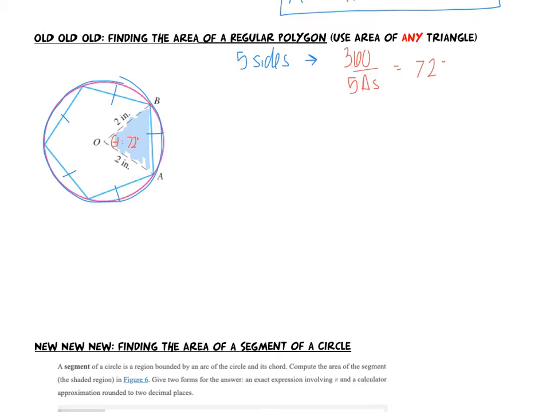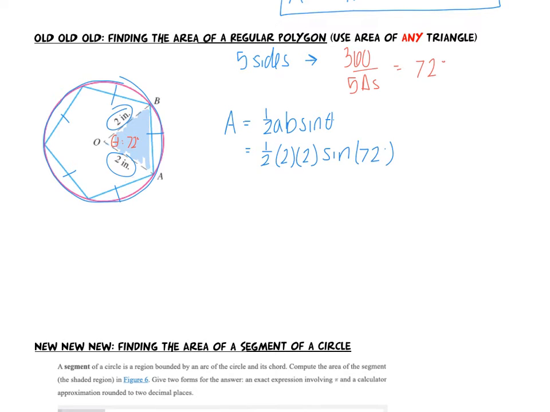It's not a right triangle, so I need to use my formula, area equals 1/2 AB sine of theta. Okay, well, I know the side lengths are actually the same. They're both 2 and 2. I'm just going to plug them in order, doesn't matter, obviously. And then sine of 72 degrees.